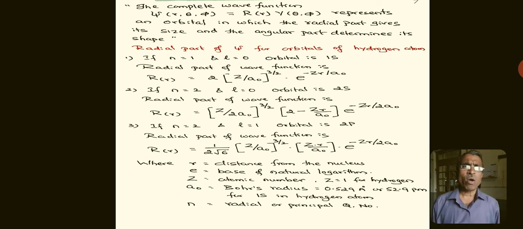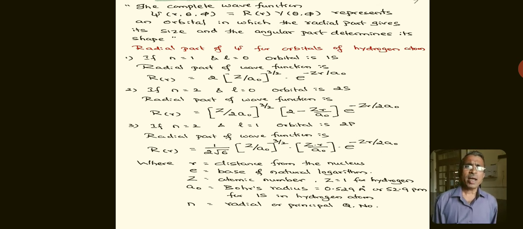The radial part of the wave function for this is R(r) equal to 2 into (Z upon a naught) raised to 3 by 2 into e raised to minus Z r upon a naught. If n is equal to 2, that is the L shell, and l is equal to 0 refers to the s subshell, therefore the orbital becomes 2s.